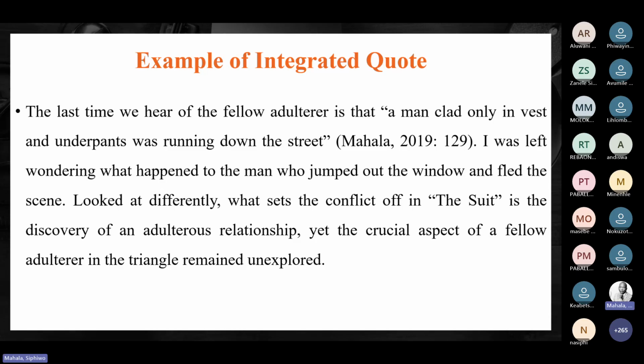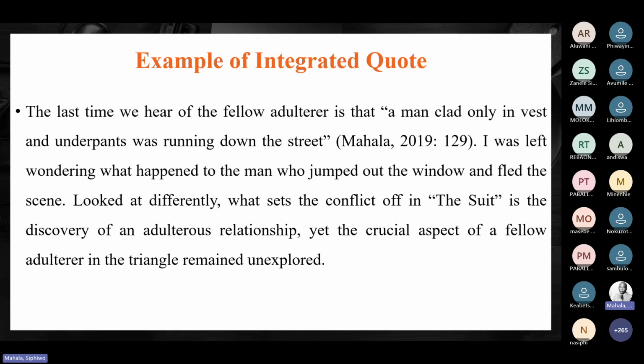So here, this is from an essay. It says, the last time we hear of the fellow adulterer is that, quote, a man clad only in vest and underpants was running down the street. So this is the quote from Ken Temba's The Suit. So that's the last time we hear about that man. And by the way, this is from my own paper where I was talking about The Suit continued.